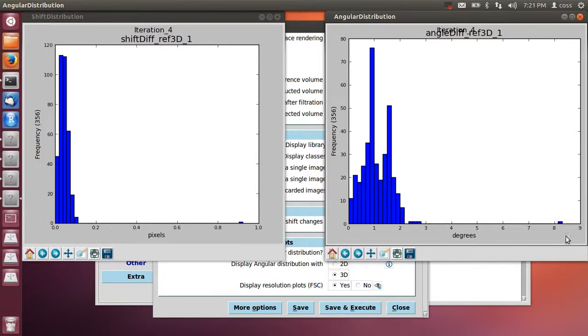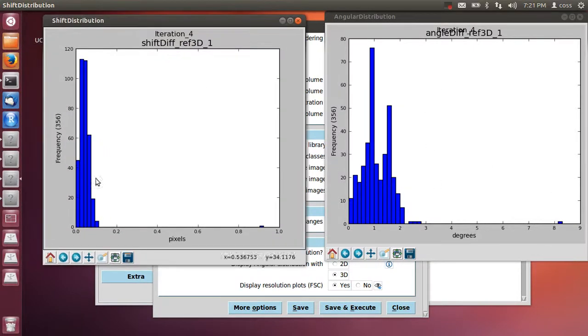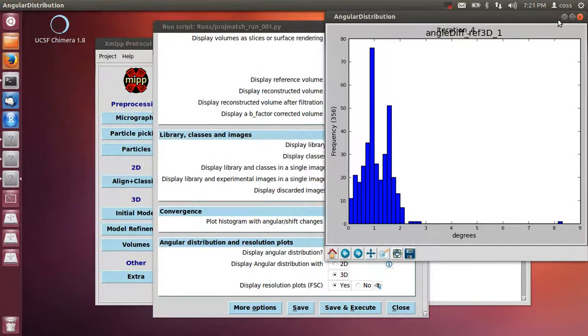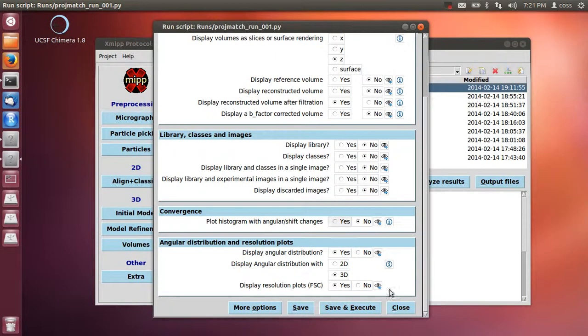You see that for the maximum change, 1 or 2 images changed about 8 degrees, but otherwise most of them didn't change much in angles. For the shifts it is the same. One of them changed less than 1 pixel, and most of them didn't change at all, or only a very small change. So this is about how the angles and shifts converge.